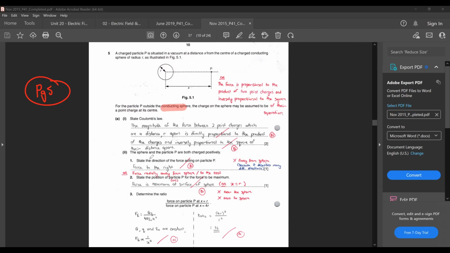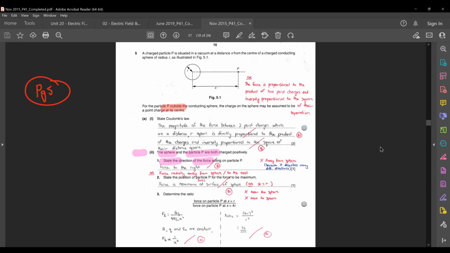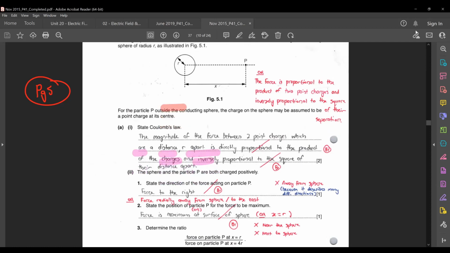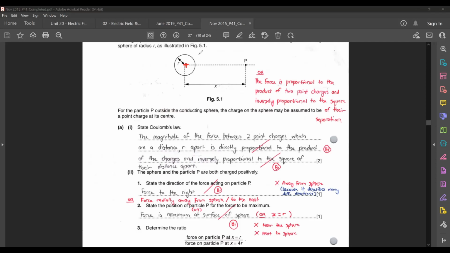they mentioned to you that the sphere and the particle P are both positively charged. State the direction of the force acting on particle P. Okay. So if you look at it now, your big charge here, the charge that produces the field, is positive.